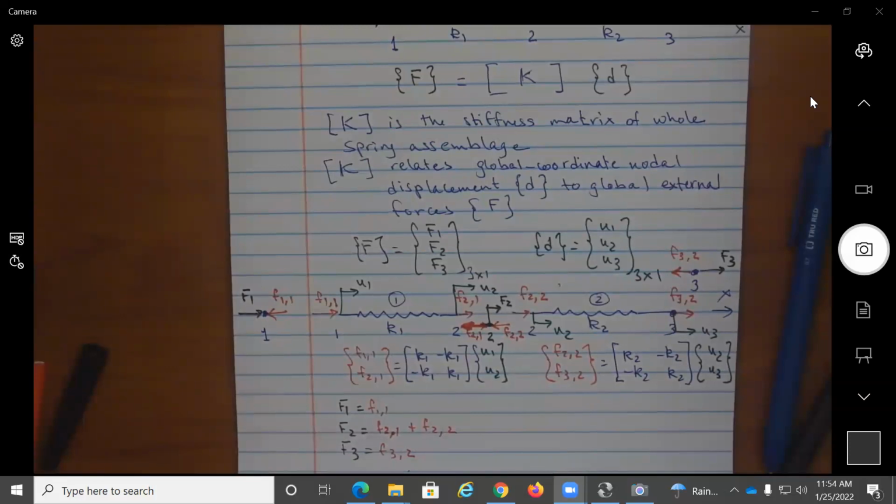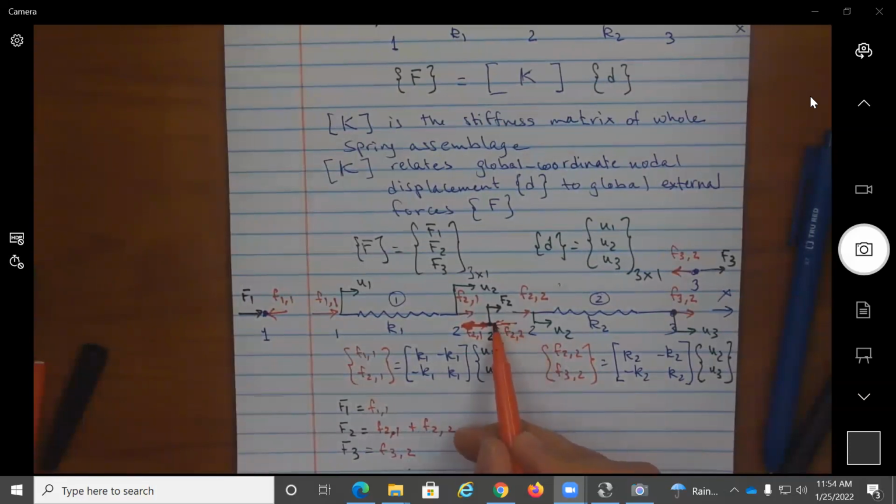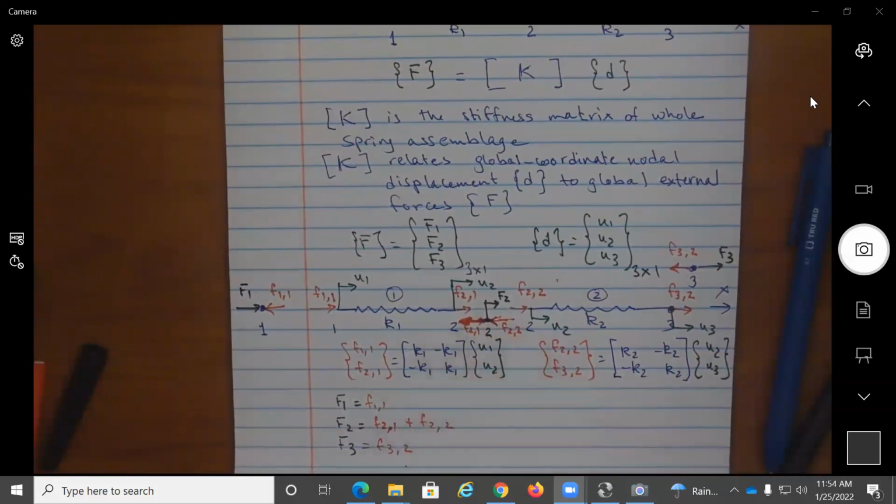Question: if at F2 they are both going in the same direction? At node 2? Yes, they're both going in the same direction, which is the negative x direction. So what counters the other spring, because we have 2 springs there? These are the nodes. I'm looking at node 2, so I'm looking at the equilibrium of the node.